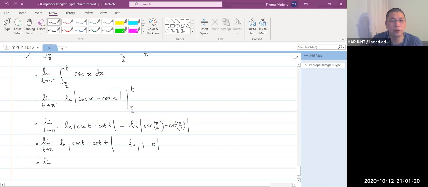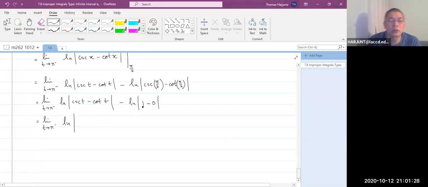Now, the first term has the limit condition. Cosecant minus cotangent is 1 minus cosine t over sine t, while the other one is natural log of 1, which is 0. Right? So this is natural log of the absolute value of the limit as t goes to pi from the left-hand side of 1 minus cosine t over sine t.